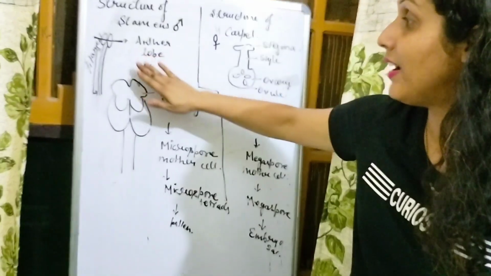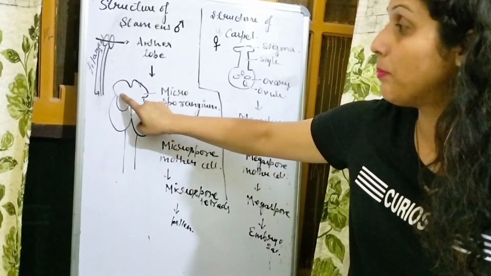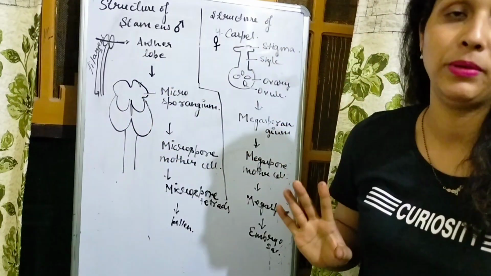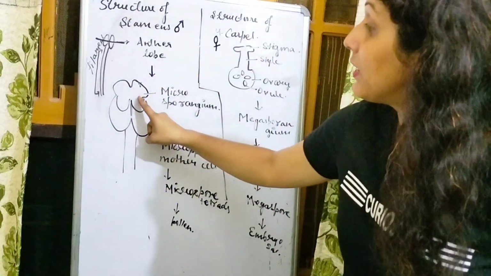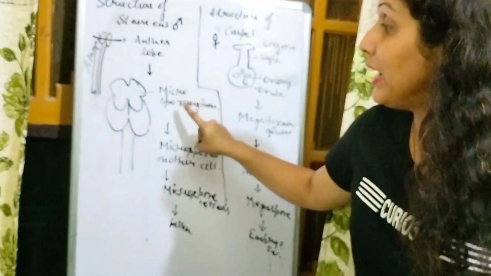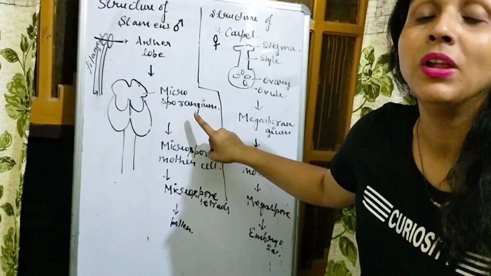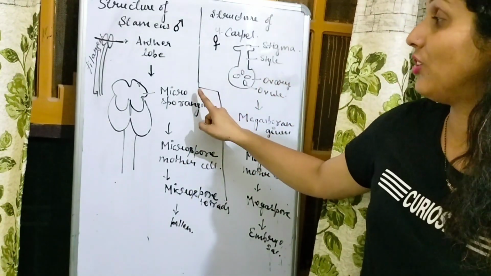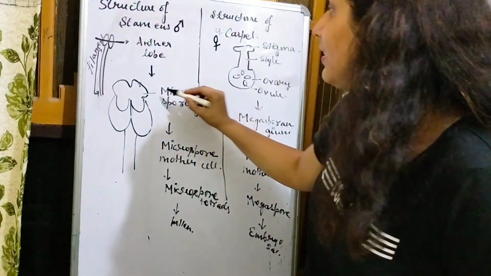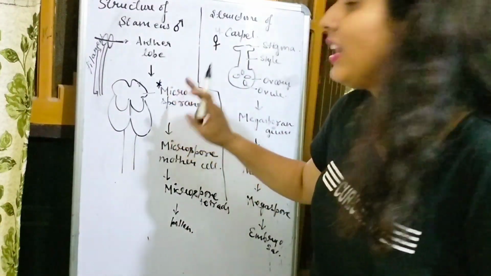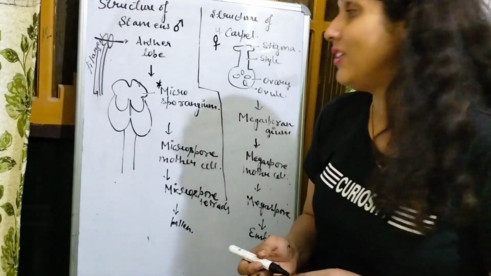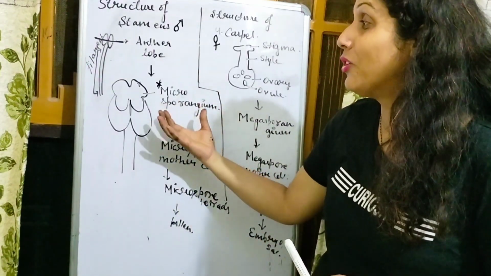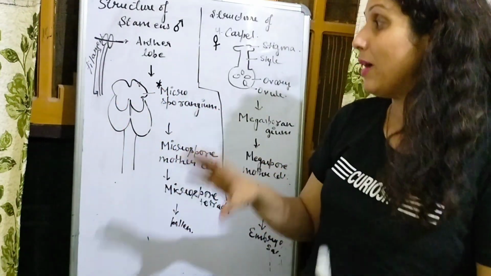When you see inside this anther lobe, this butterfly-like structure appears. This butterfly structure is called microsporangium, and this is very important, because the microspore originates inside the microsporangium.